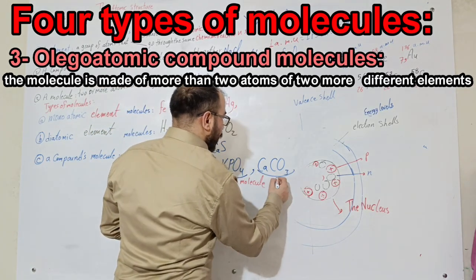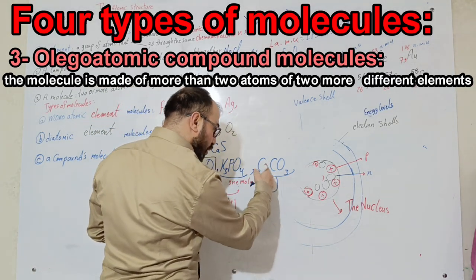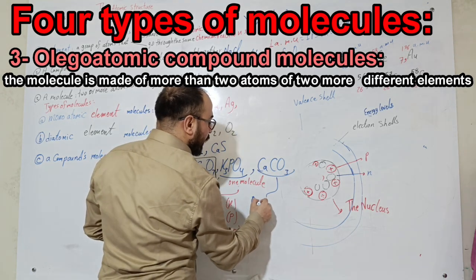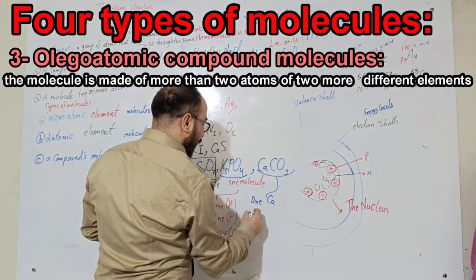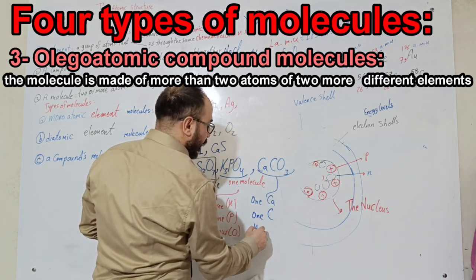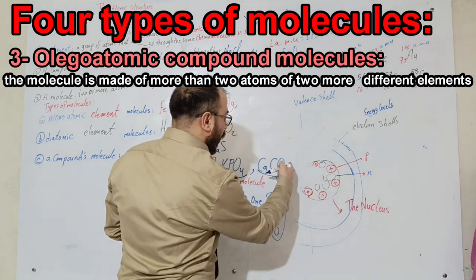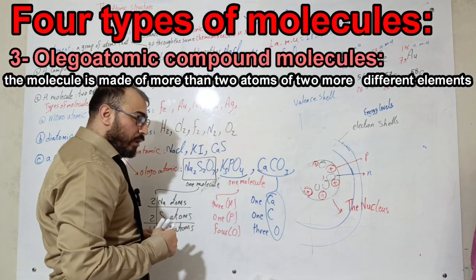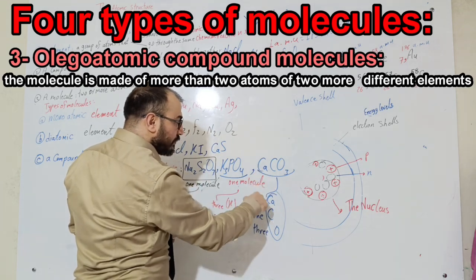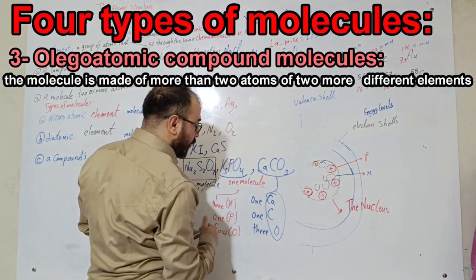Last but not least, we have this calcium carbonate. Calcium carbonate is also one molecule which contains 1 calcium, Ca, and 1 carbon, C, and 3 oxygen, O. So one molecule is made up of 5 atoms, 1 calcium, 1 carbon, 3 oxygen.